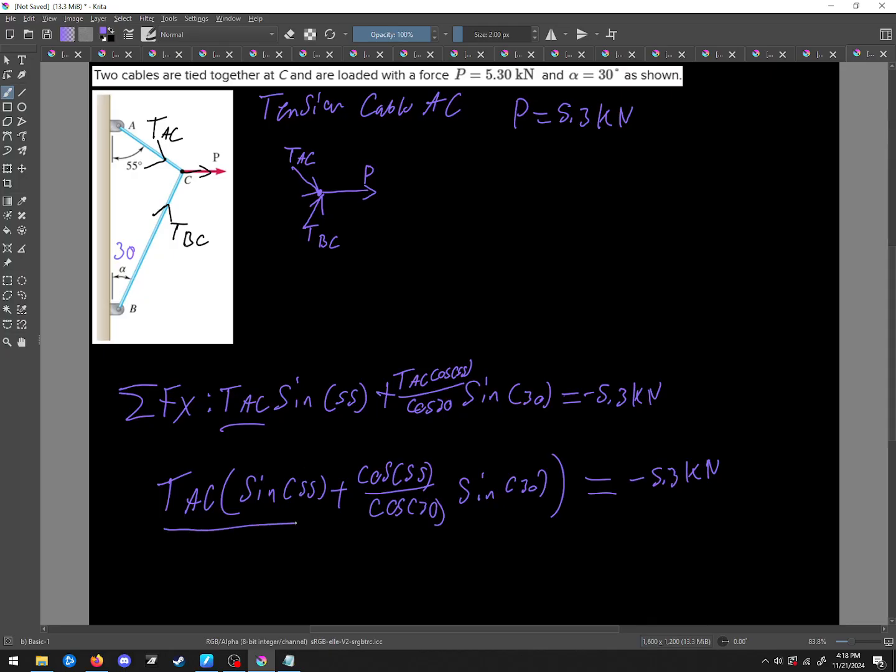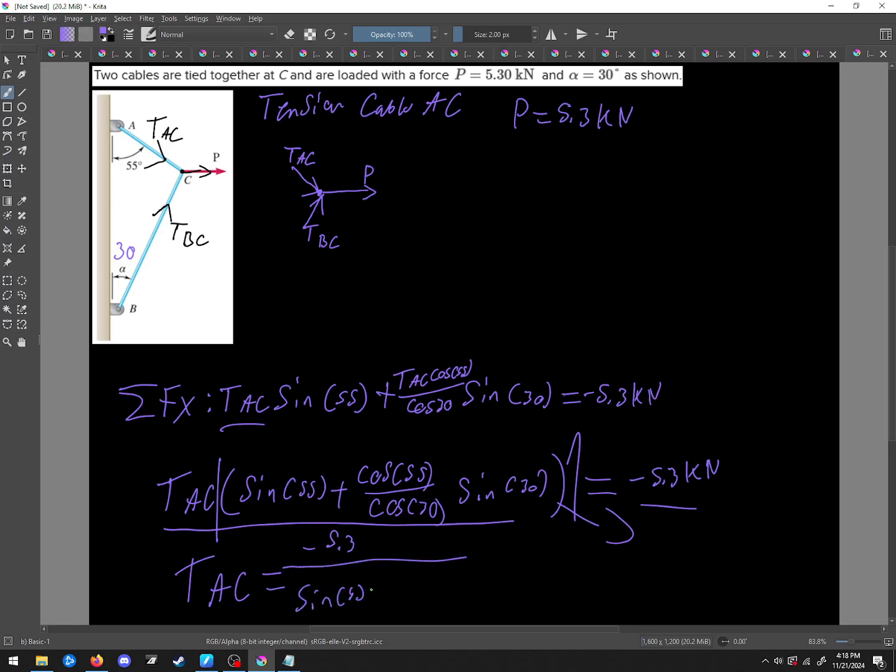So all we do is divide this entire thing here. 5.3 divided by that. So that means that TAC is going to be equal to negative 5.3 all over sine of 55 plus cosine 55 over cosine 30 sine of 30.